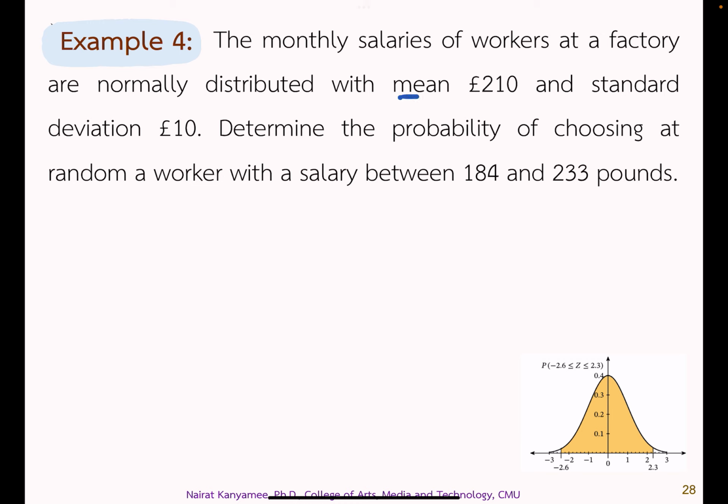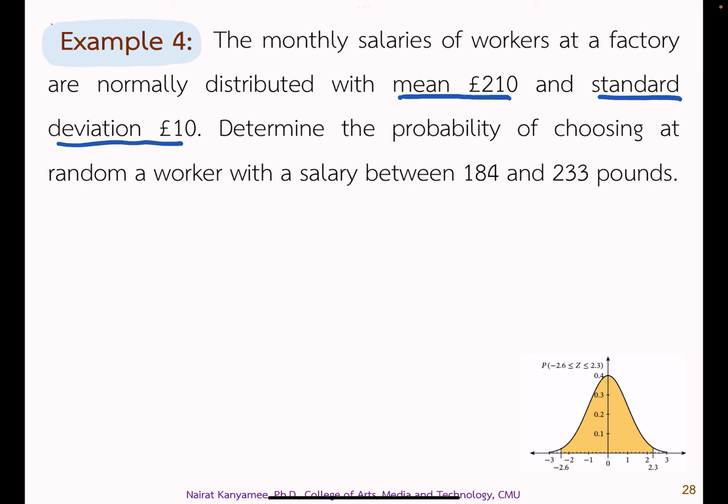We need to determine the probability of choosing a worker at random with a salary between 184 and 233. That is, you choose a worker and the salary of that worker lies between 184 and 233 pounds. Find the probability of this.